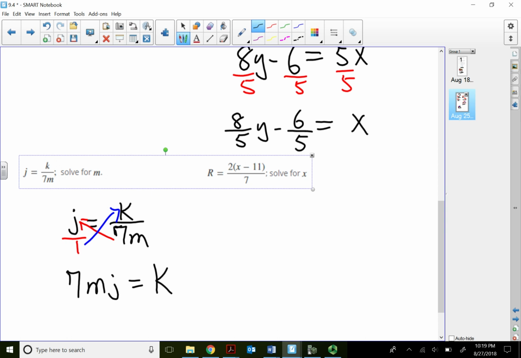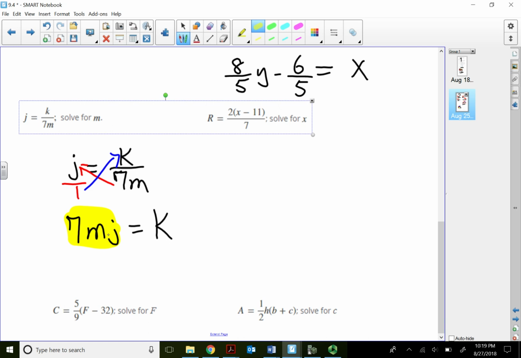I'm still having two terms. Right now, my variable term is 7mj because this term contains my variable m. So to get m by itself, I will divide both sides by 7j. So my answer, m is going to equal k over 7j. Okay, that's all it is to it.